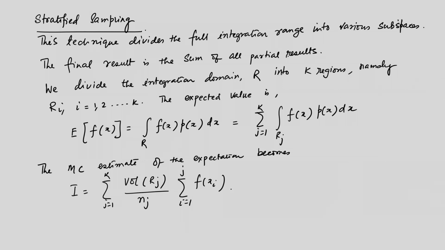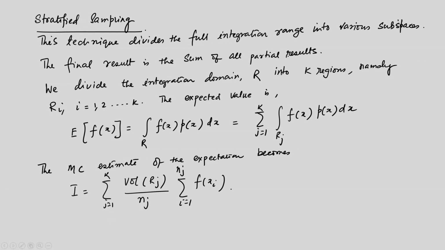Okay. So, that is the Monte Carlo estimate of this integral, which in addition to the f of x i from i equal to 1 to some Nj, you also need to have another summation over all these subspaces, where the number of subspaces goes from 1 to k.